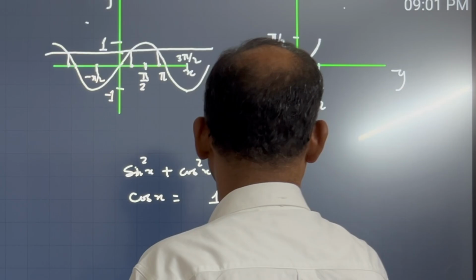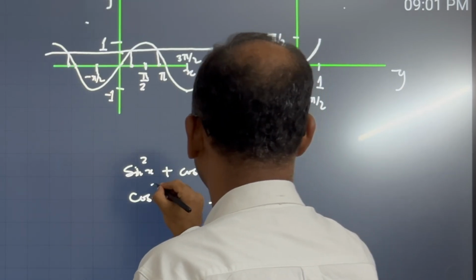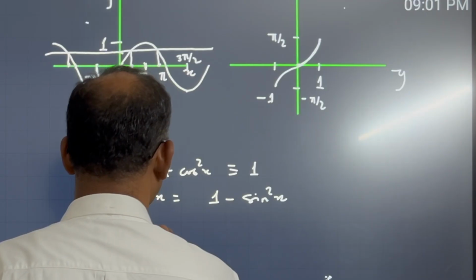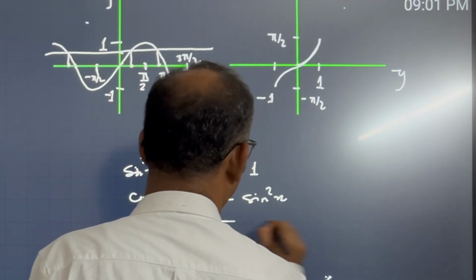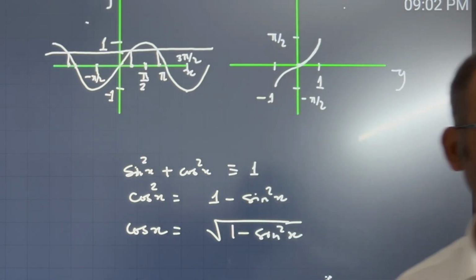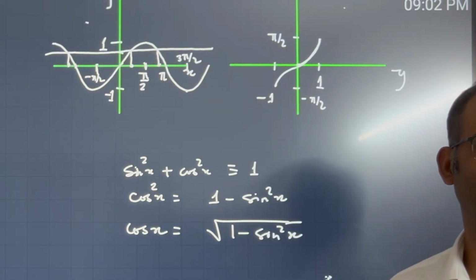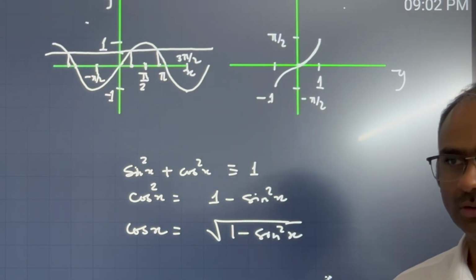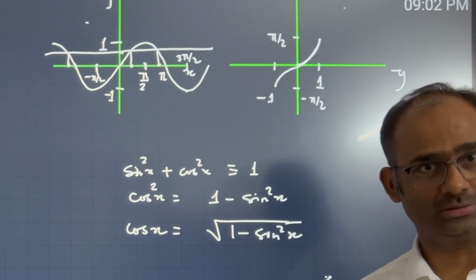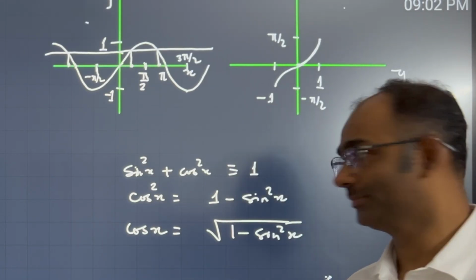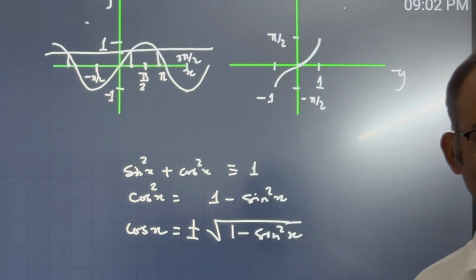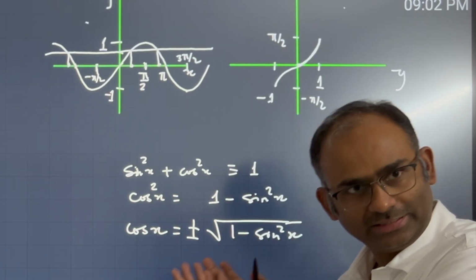Cos square of x is 1 minus sine square of x. So cos of x is equal to, is that correct? No, it's not correct. Plus minus. I am taking a square root now. There are two solutions. Fine. But then which one should I take? Both?